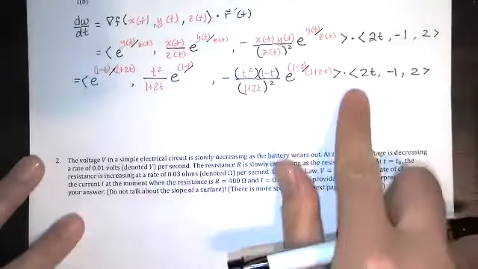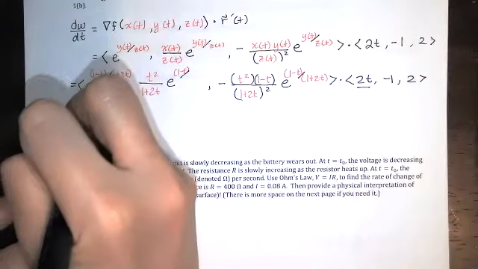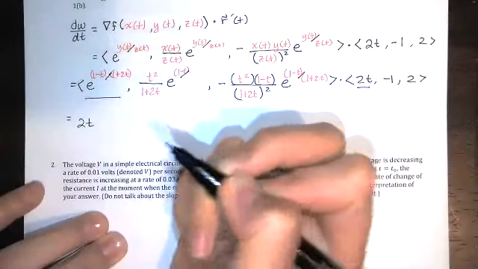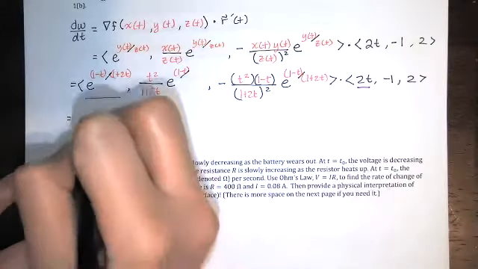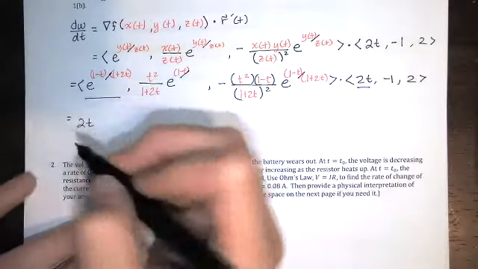So remember how dot products work. Dot products always yield scalars. You're just going to take the x component of this vector and multiply it by the x component of that vector. So you'll have 2t times that exponential. And I think I want to factor out that exponential from everything, actually.